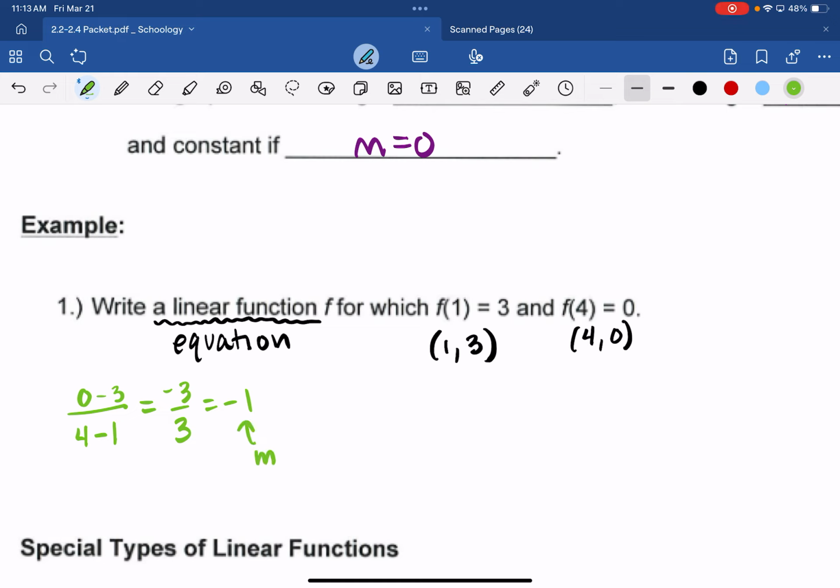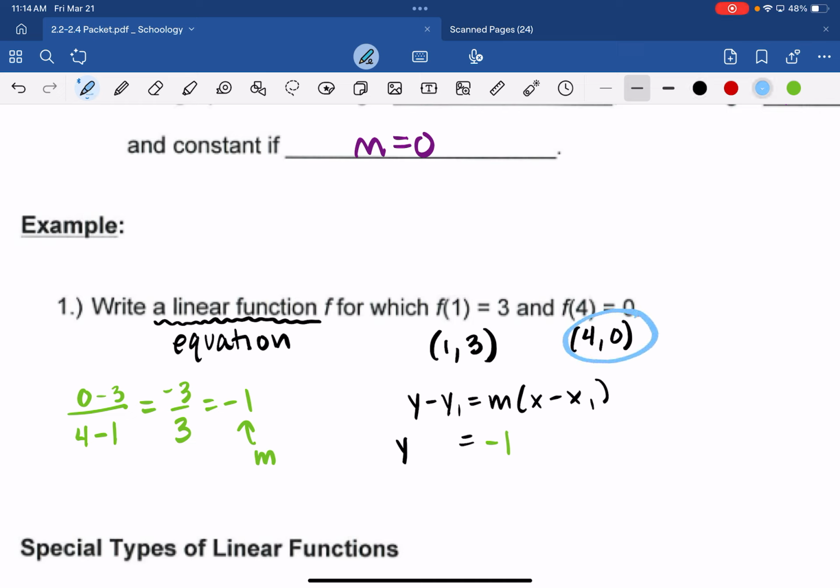Now there's kind of 2 ways you could go about finding our actual equation. The point slope is probably the easiest one. So remember point slope, I have y minus y1 equals m times x minus x1. So I'm going to plug in my slope. And then it doesn't matter which point you pick, but I'm going to pick this one.